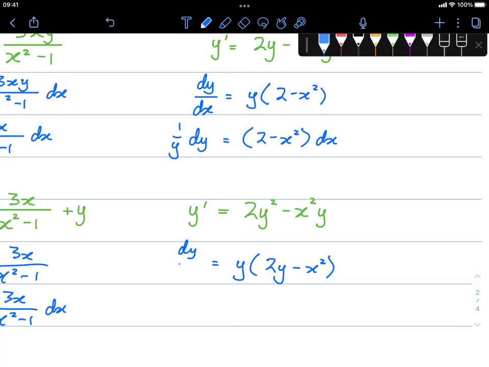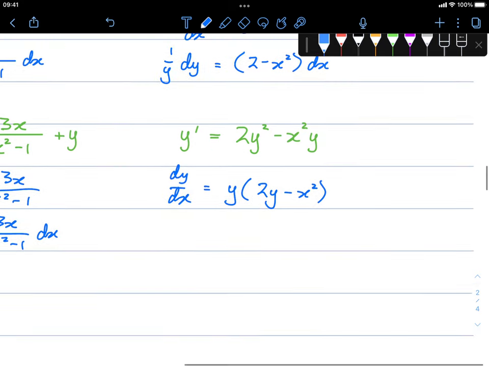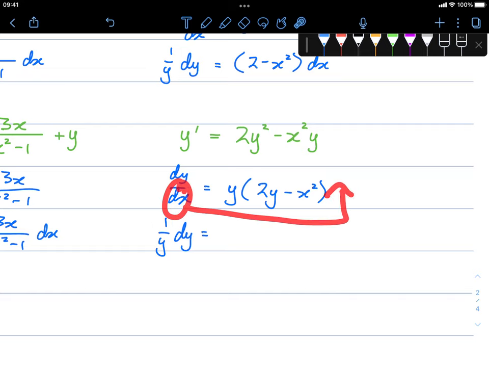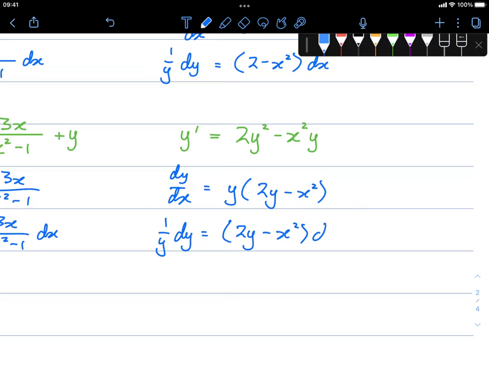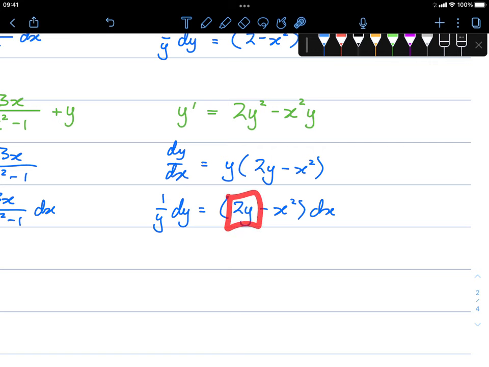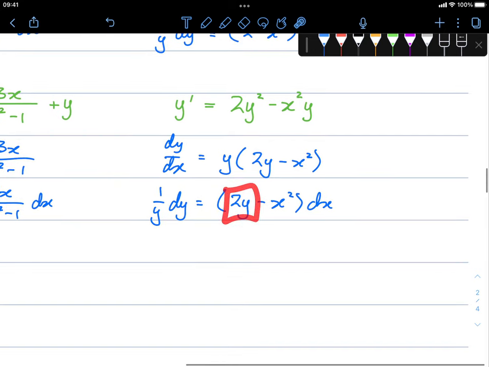This becomes dy dx. If I divide by y, I will get 1 on y dy, and multiply by dx at the same time, we get 2y minus x squared dx. Notice how this still has a y variable.